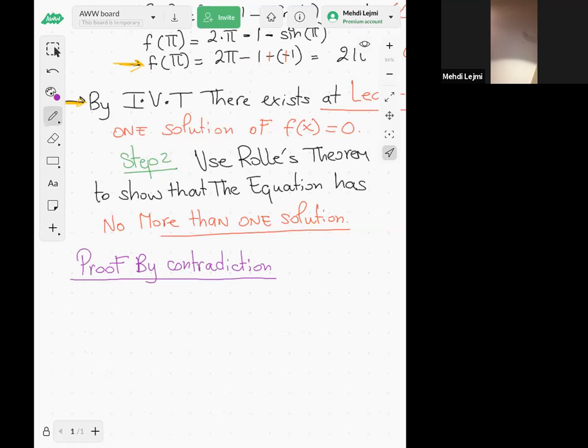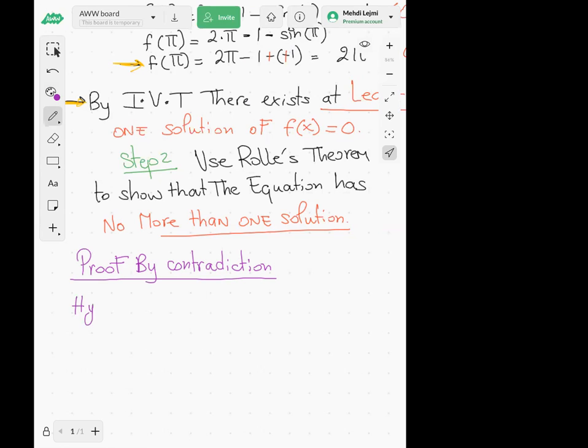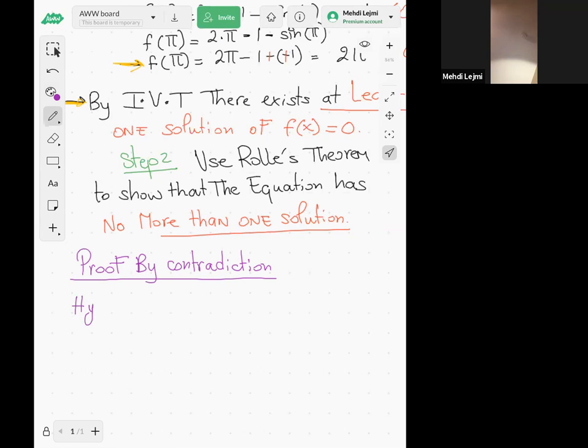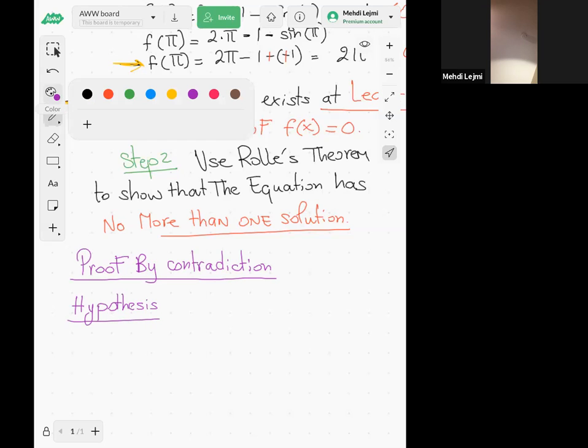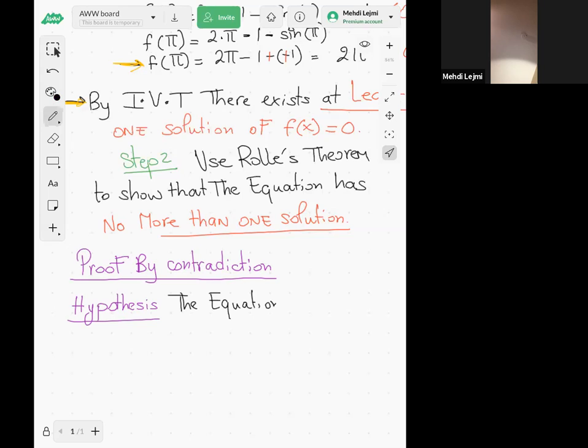So how does this proof by contradiction work? First we start with the hypothesis. My hypothesis is that the equation has two different solutions.